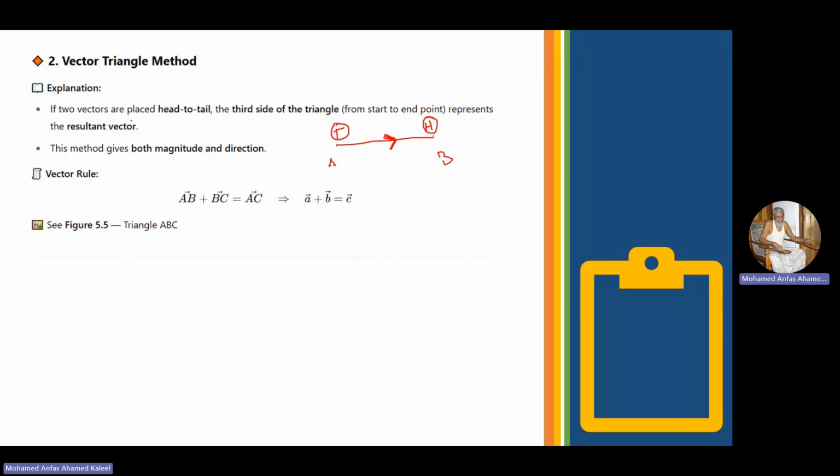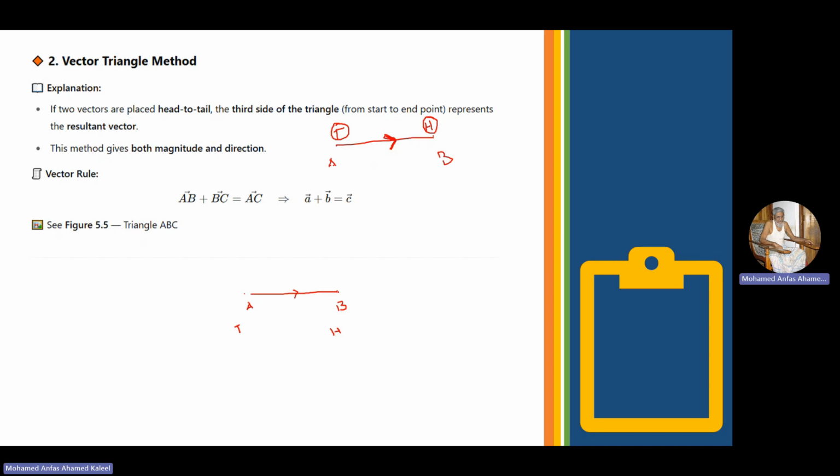This is the AB vector: this point is the tail and this point is the head. Another vector is placed head to tail, from the head of this vector.